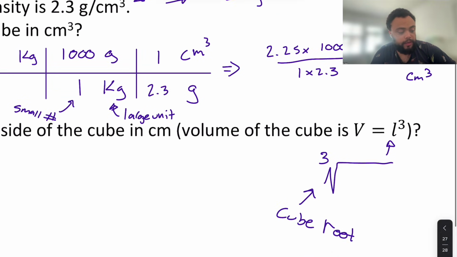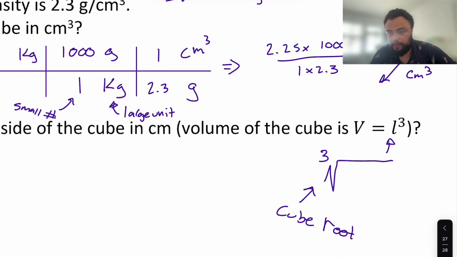We can change, through the power of sig figs, we will make that into 9.78 times 10 to the 2 centimeters cubed.